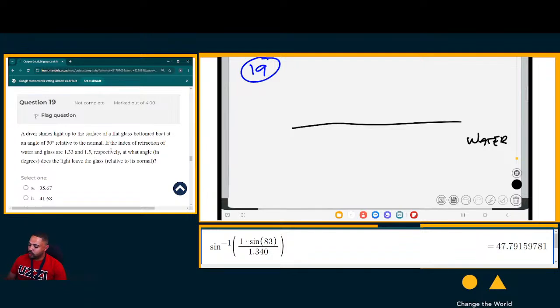So he's in water. This is glass, the glass boat here. A glass bottom boat.